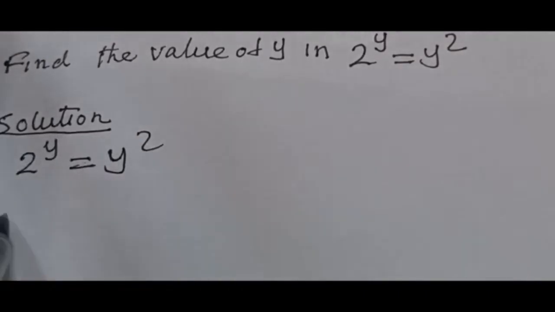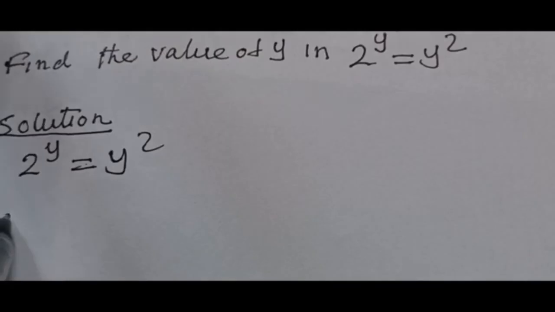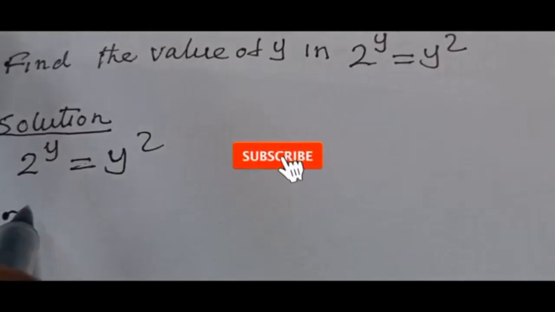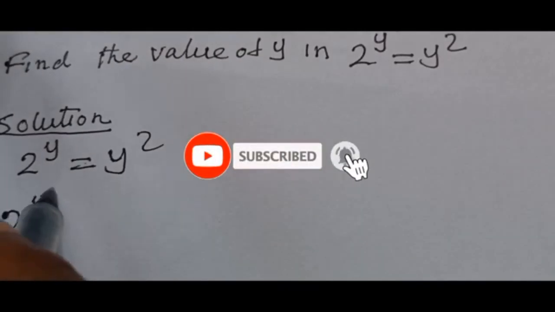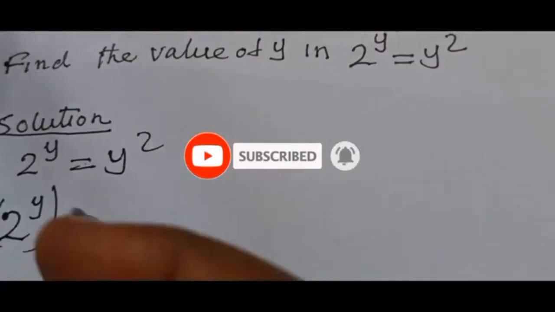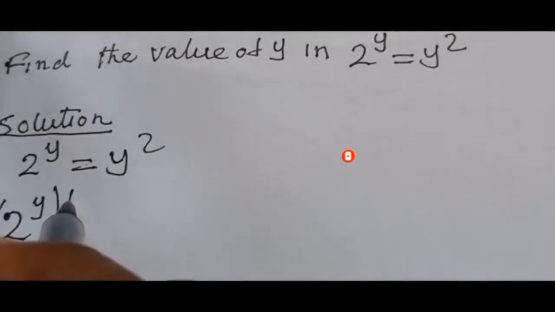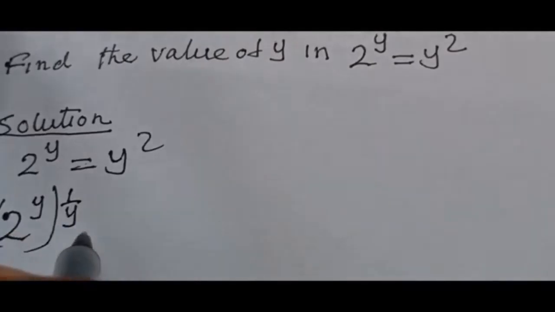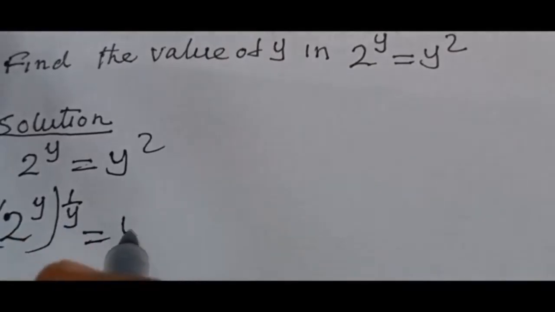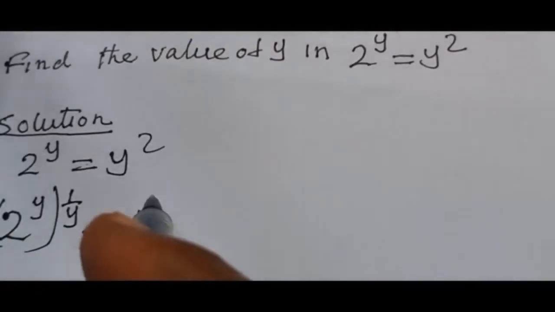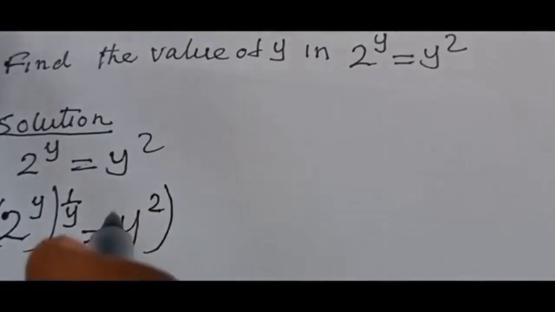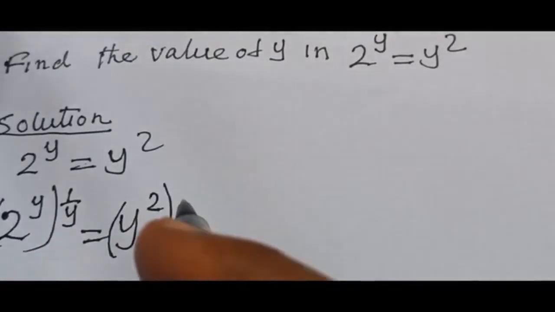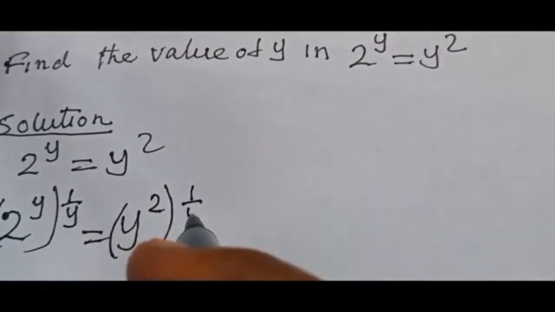So here we have 2 raised to power y in the brackets raised to 1 over y equals y raised to 2 in the brackets raised to 1 over y.